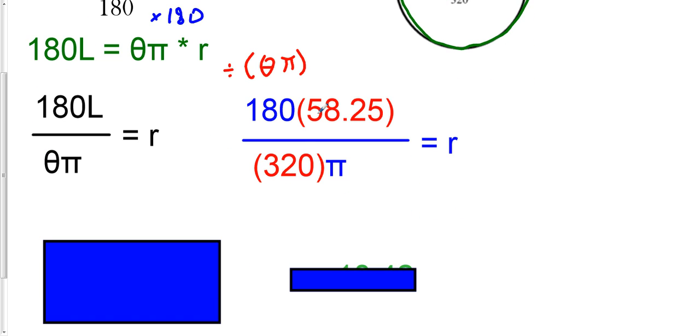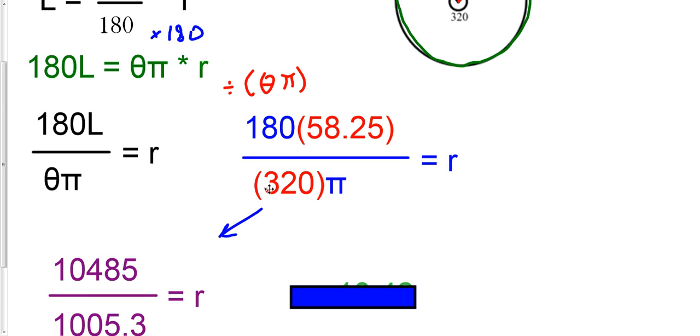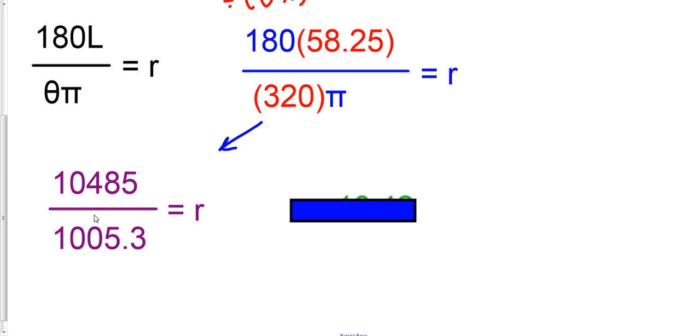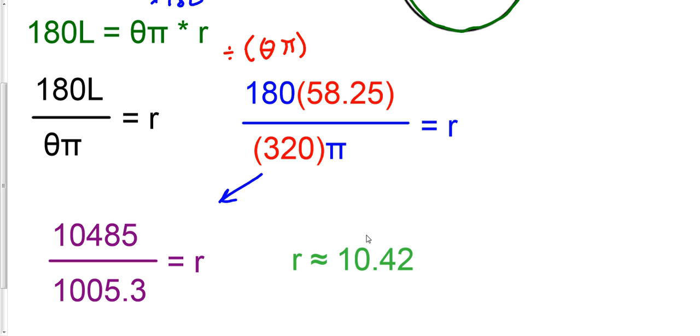From there, we would just simplify each of those pieces on top and on bottom. 180 times 58.25 becomes 10,485. 320 pi is approximately 1005.3. So this one over this equals our radius, and if we carry that through, our radius is about 10.42. Again, whether that means centimeters or feet, they didn't tell us, but r is going to be about 10.42.